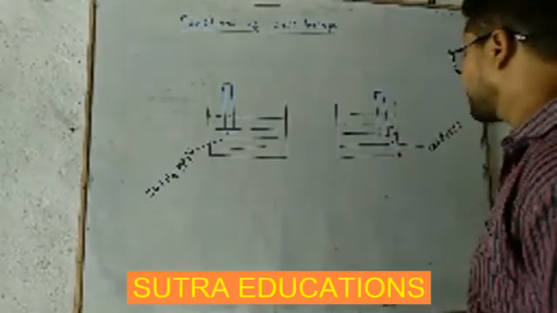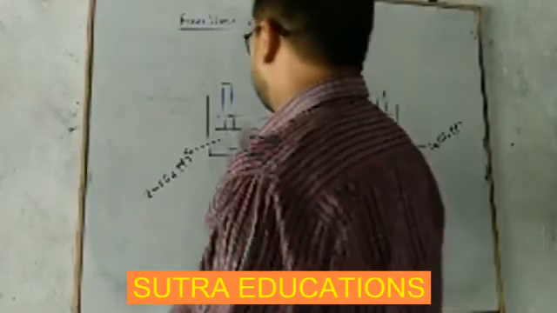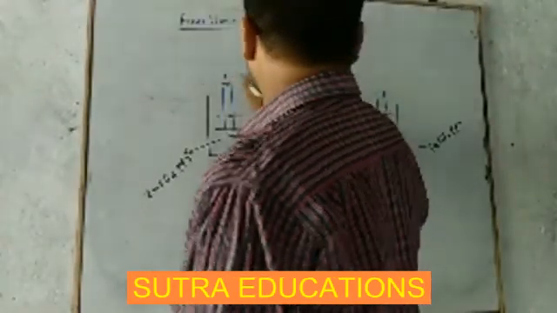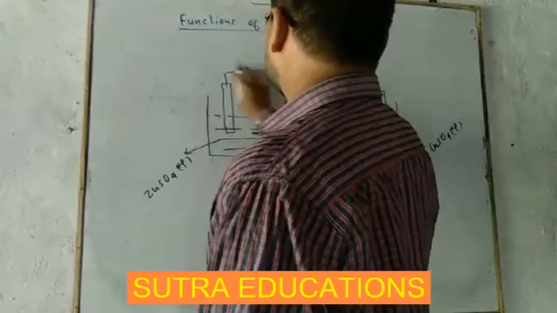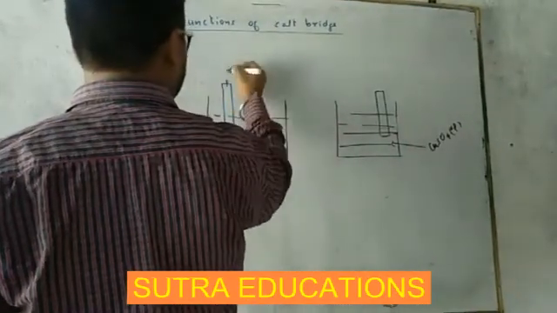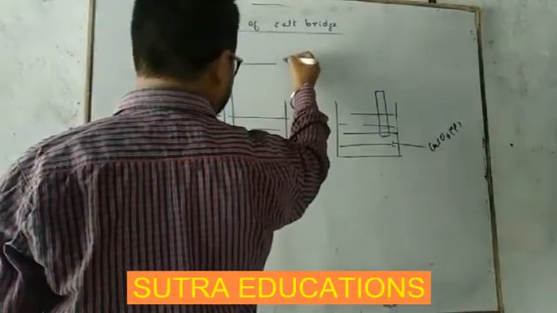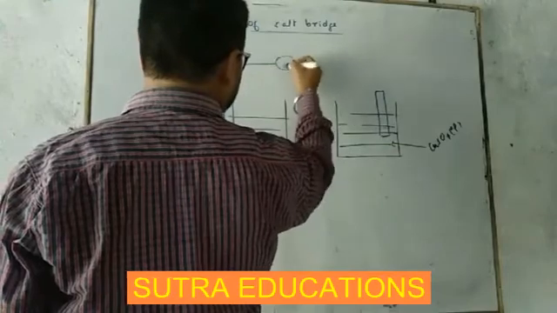Okay, then these metals are connected by a metallic wire, and say one voltmeter is applied here.